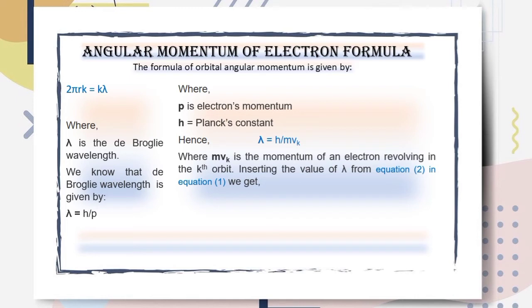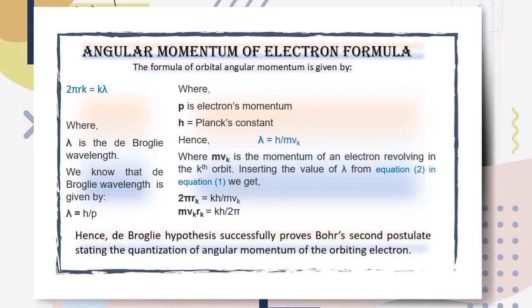Inserting the value of λ from equation 2, which is λ = h/mvk, into equation 1, which is 2πrk = kλ, we get 2πrk = kh/mvk, and mvk rk = kh/2π.